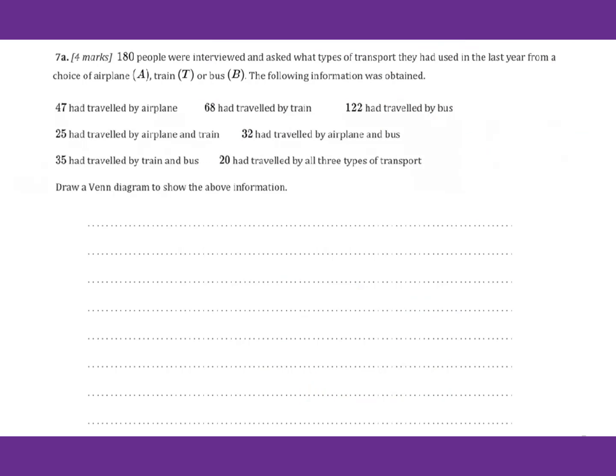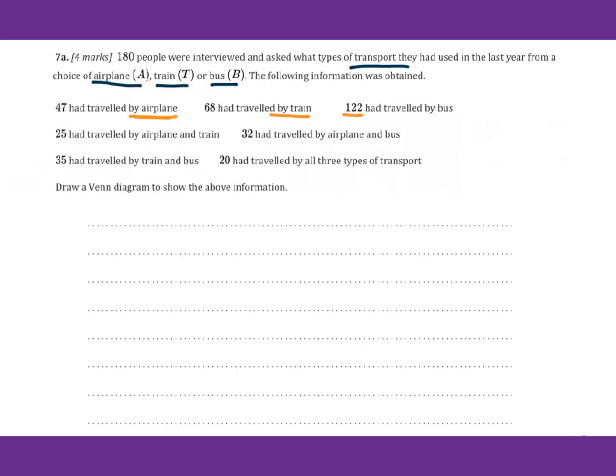Let's go to 7a. 180 people were interviewed and asked what type of transport they had used in the last year from a choice: airplane A, train T, bus B. The following information was obtained. 47 had traveled by airplane. 68 had traveled by train.